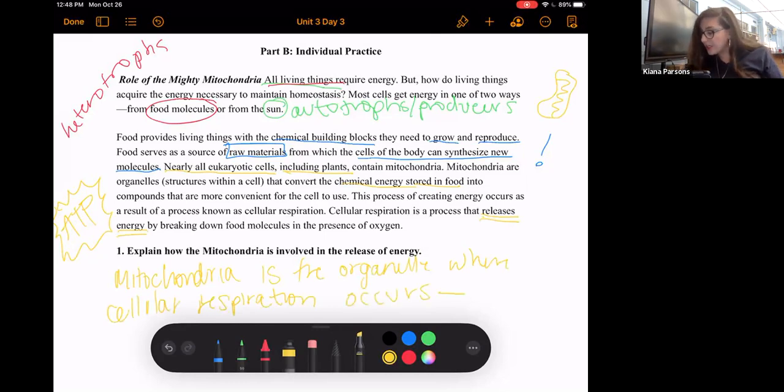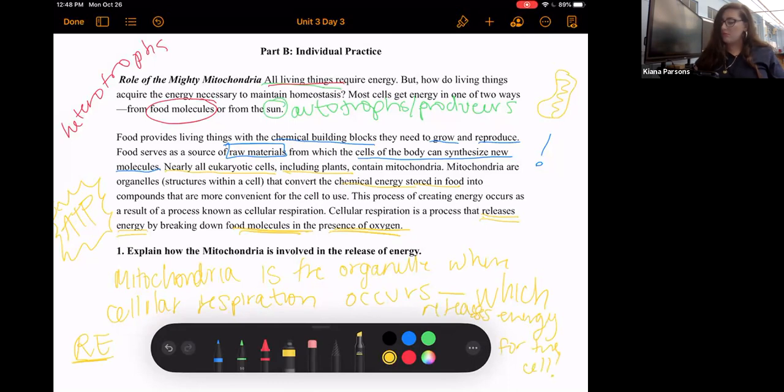And cellular respiration is the process that releases energy from breaking down food molecules in the presence of oxygen, which releases energy in the form of ATP. All right, let's go on.